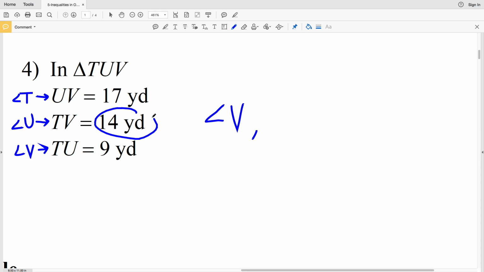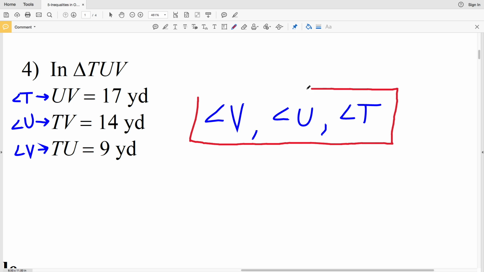The next smallest is 14, since 14 is greater than 9 but less than 17, and that will be angle U, since angle U is directly opposite side TV. And then finally, our last angle, angle T, that's across from the side of 17 yards. So number 4, angle V, angle U, and angle T is our answer.